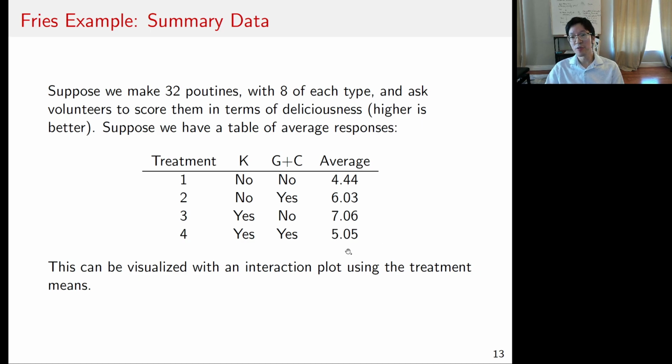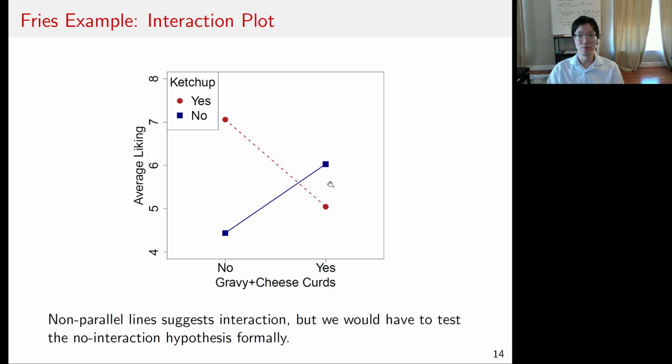Okay, so those are numbers, and we learned in this part of the class that we can make an interaction plot using the treatment means. In other words, I'll take these 2-factor combinations and then put the 4 points together like this. Okay, so here's the interaction plot for those 4 treatment means.